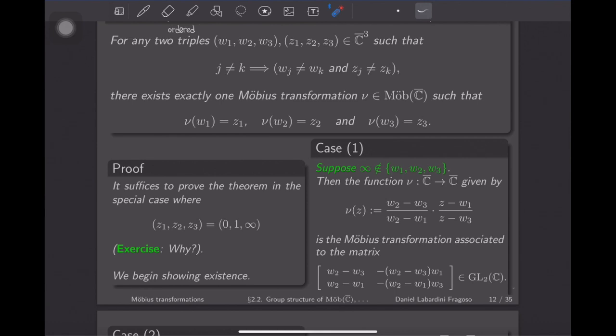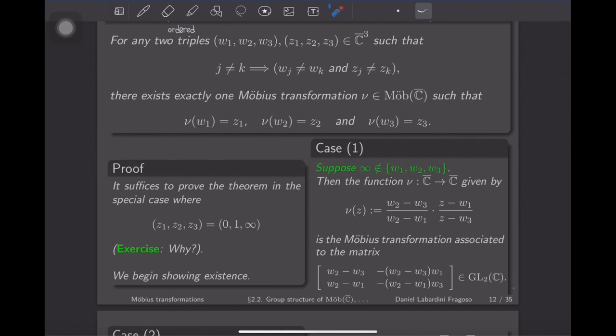At least the existence for two arbitrary triples follows from the proof in this case. So that should be clear.